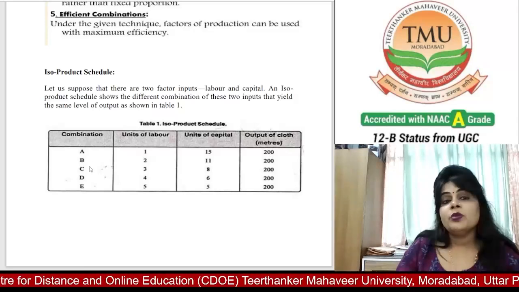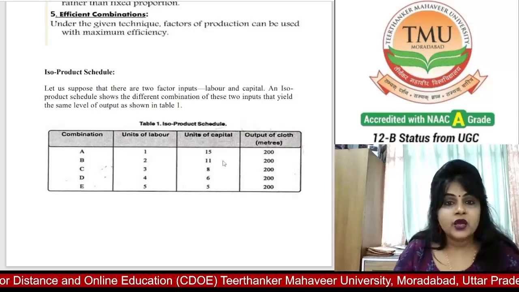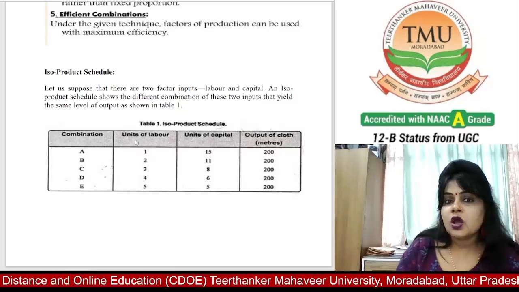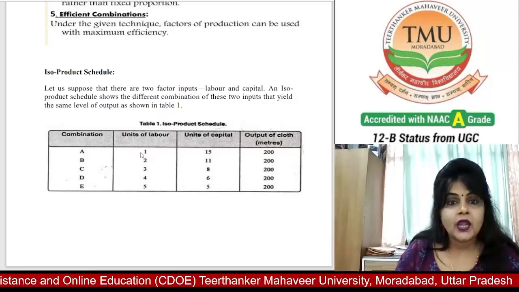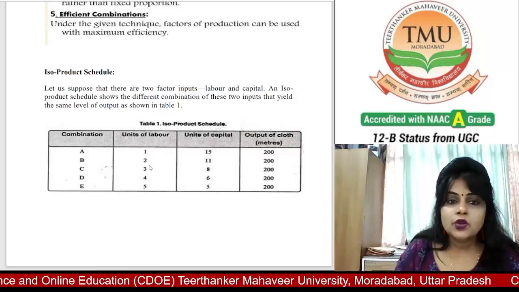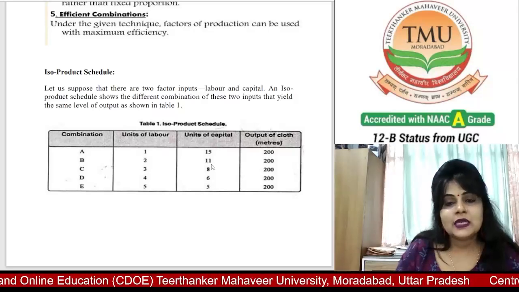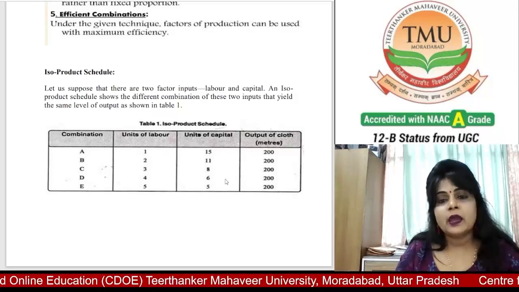Now in the second combination, the producer gives up capital and increases the units of labor. He uses 2 units of labor and gives up 4 units of capital, so he now uses 11 capital.